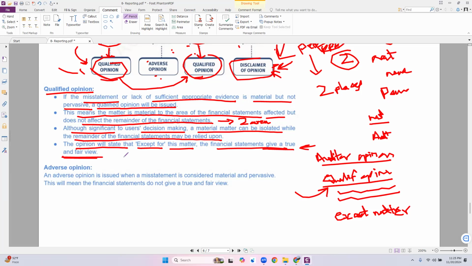You need to remember this line for the exam. In a qualified opinion, the auditor will state, within the qualified opinion paragraph, that except for this matter, the remainder of the financial statements give a true and fair view. Write this down. Got it? And you have to learn it, by the way, as well.